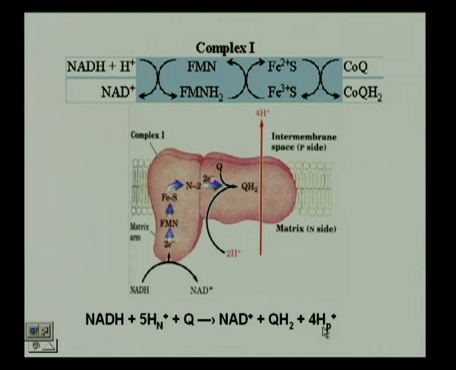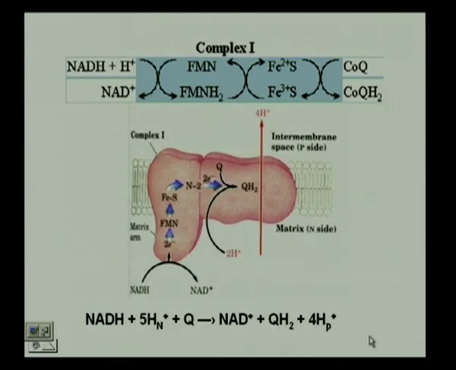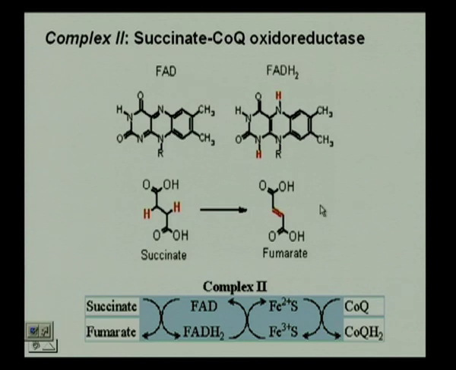So, this is our final reaction for complex 1, and remember the complex 1 has this whole enzyme that is an oxidant. All of these enzymes are going to be dehydrogenases or oxidoreductases. Why? Because all of them are involved in redox reactions. Since all of them are involved in redox reactions, they have to be either dehydrogenases, oxidases, oxidoreductases, whatever. Okay. So, this is what is complex 1. So, we have one reaction that has now transferred some protons.